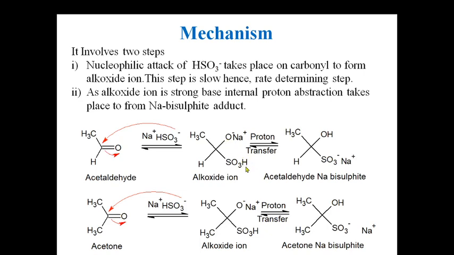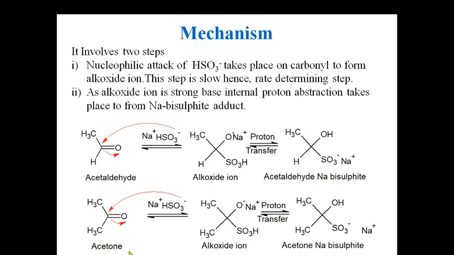So that is the proton transfer from the SO3H group to O minus, and you will get this particular final product, that is the acetaldehyde sodium bisulfite. And this Na plus now will be the counterpart of this SO3 Na. So in this way, you can form that crystalline sodium bisulfite product of acetaldehyde.